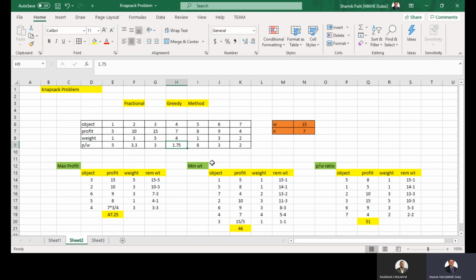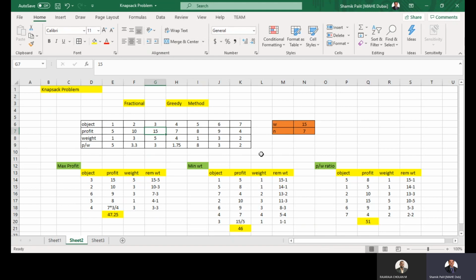While you find the solution, first you have to make this table: object, followed by profit, weight, and the remaining weight. First we will consider the maximum profit, because this is the maximum profit approach. Among all those profits, we try to figure out the maximum profit. Here the maximum profit is 15.